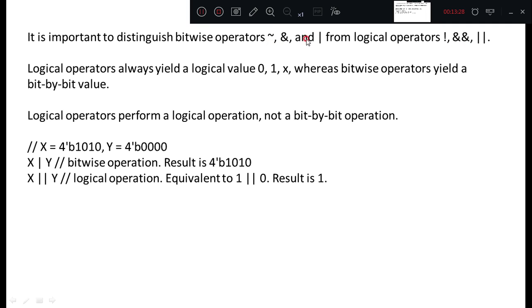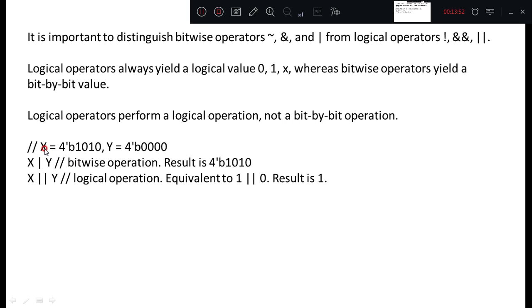When we use bitwise operators, we use these. They are different in meaning. Logical operators always yield a logical value 0, 1, x, whereas bitwise operators yield a bit by bit value. Logical operators perform a logical operation, not a bit by bit operation.